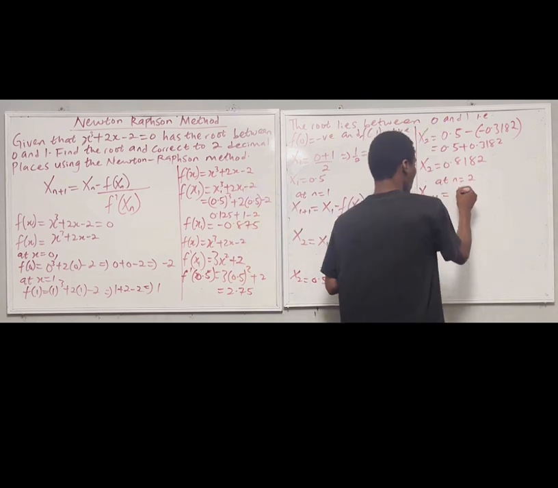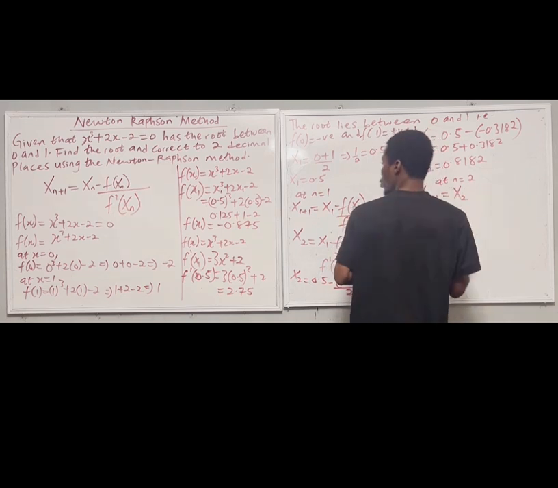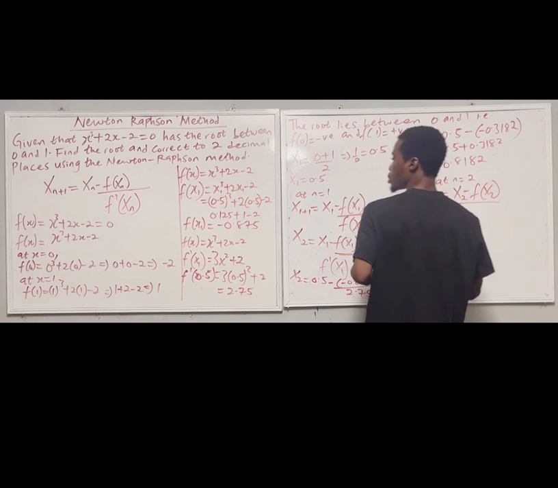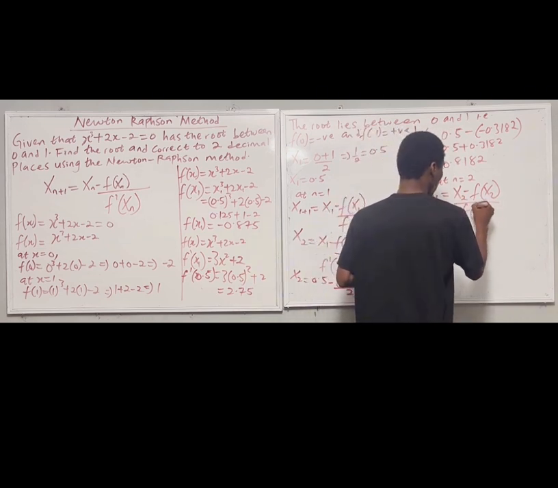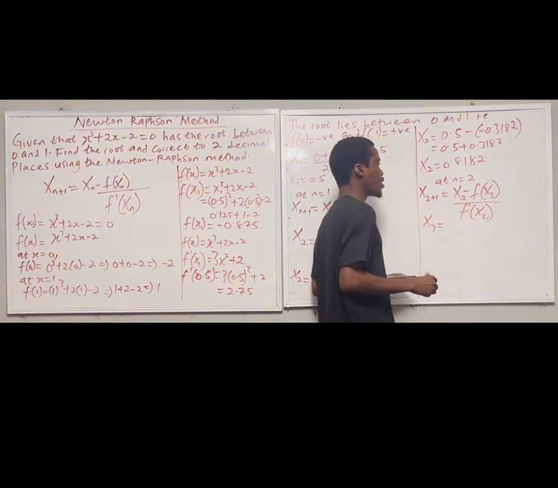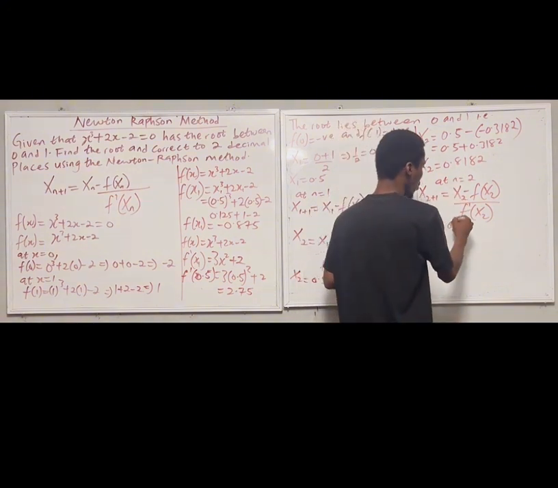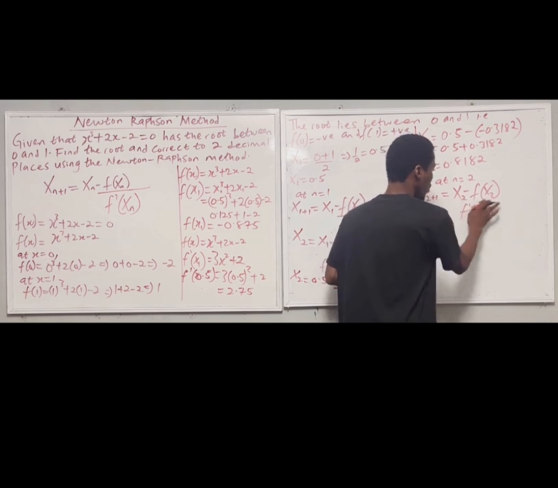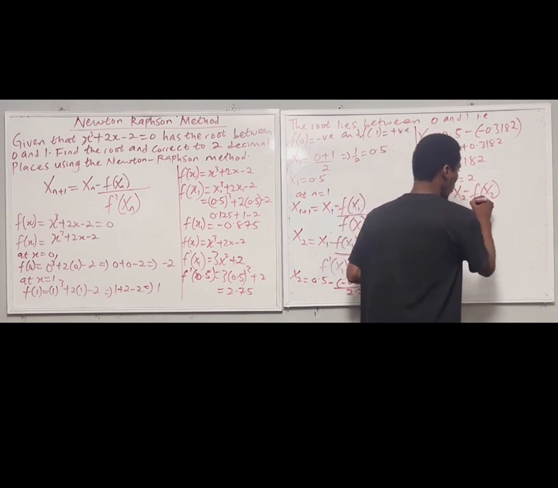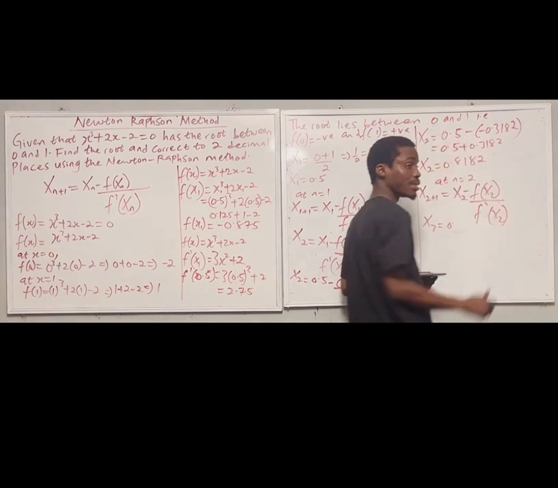S(n) which is S2, minus f of S2, all over f prime of S2. So S3 is equal to S2, and my S2 is already 0.8182. Don't be confused, but all over f prime of S2. This over is affecting this.